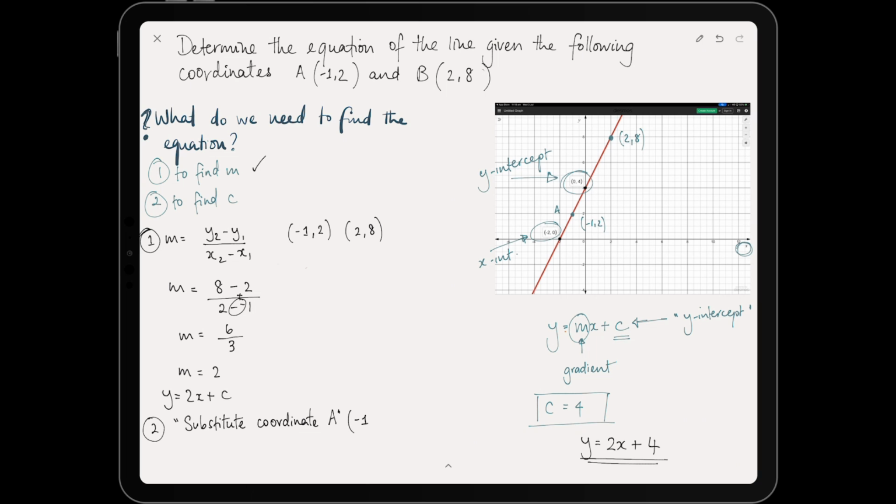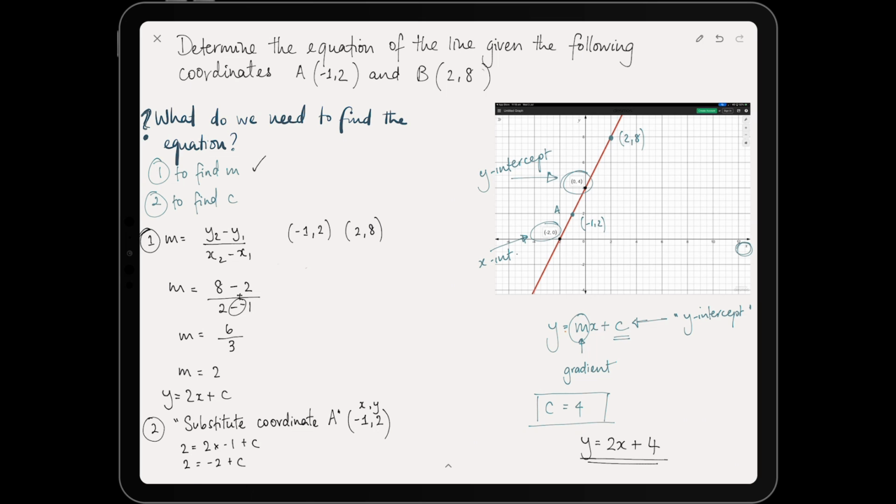Let's substitute (-1, 2) and find out if it works. Remember, x is equal to -1 and y is equal to 2. I'm running out of space here, so let's say I've got 2 equals 2 times -1 plus c. So 2 equals -2 plus c.